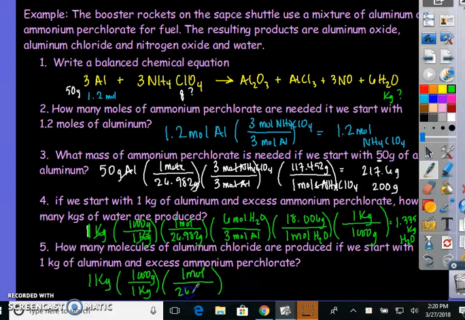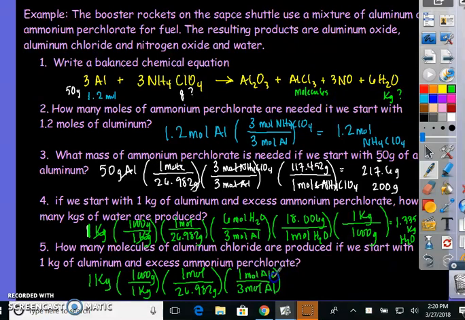And I'm just kind of repeating what I did on top. They want me to calculate the molecules of aluminum chloride, then I need to get to moles of aluminum chloride. So I'm going to put molecules up here. I didn't change my pen color, I'm so sorry.